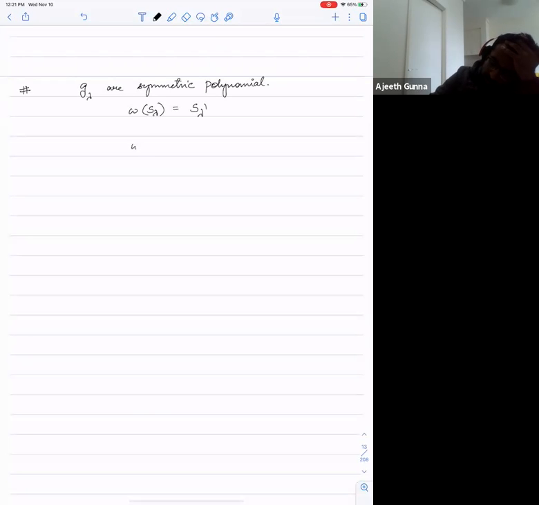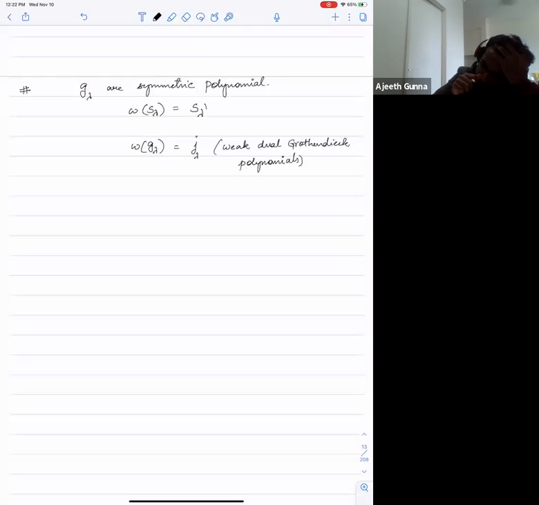Then you can ask, what is the image of the dual Grothendieck polynomial under this involution map? I'm going to denote these polynomials by J lambda, and they are called weak dual Grothendieck polynomials. They have the same structure constants as G lambda.